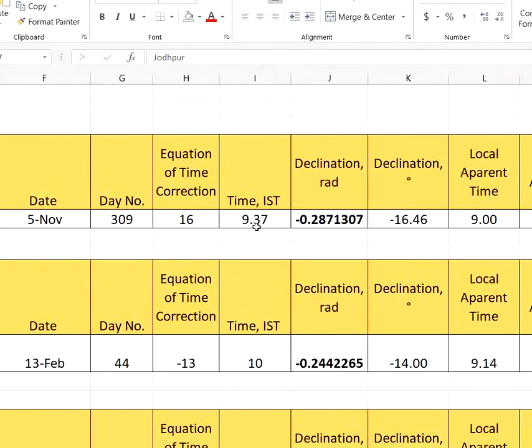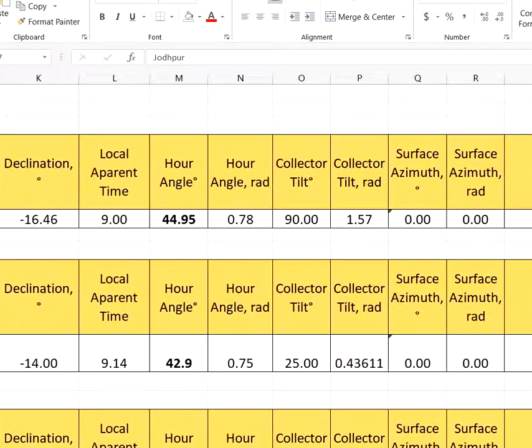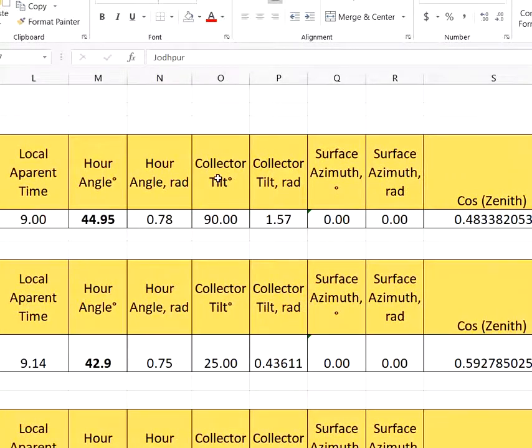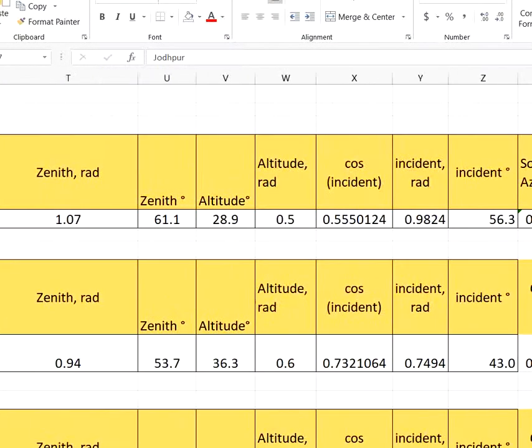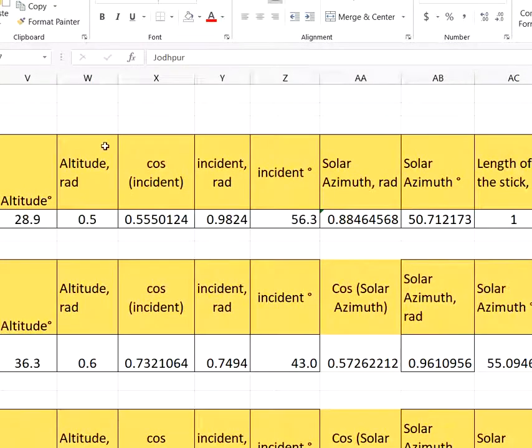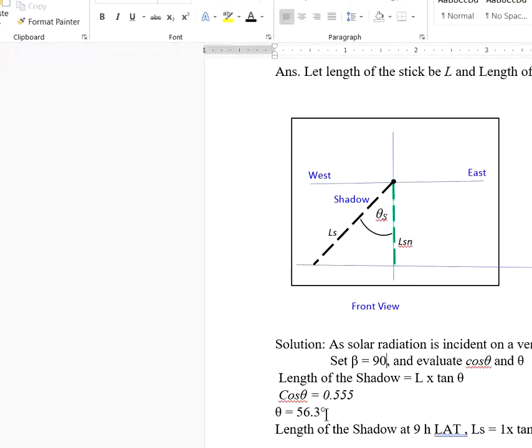If you set 9.37 as IST here, you will get local apparent time 9. Collector tilt is 90, beta equal to 90 degrees, set here. Then we calculate cos theta z, but we are interested in cos theta. The cosine of the incident angle is 0.555, so theta comes out to be 56.3 degrees.